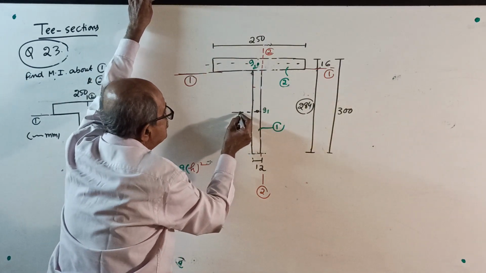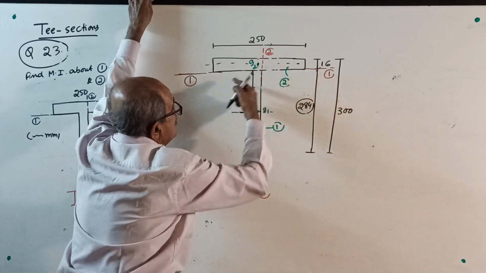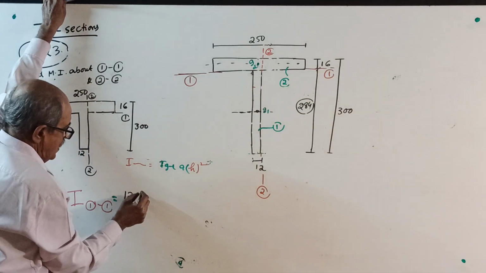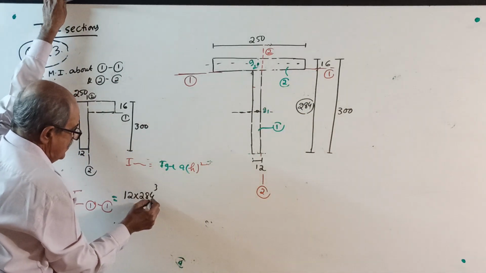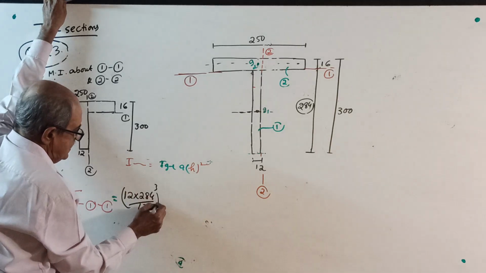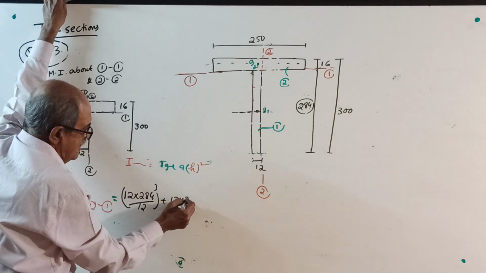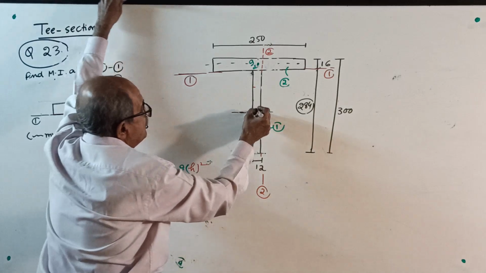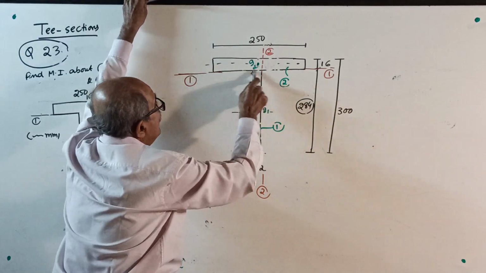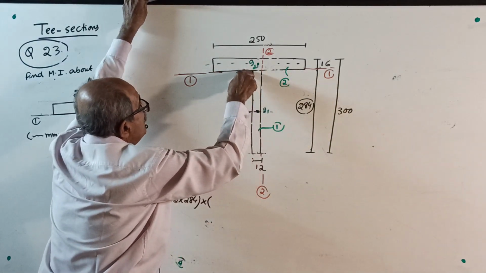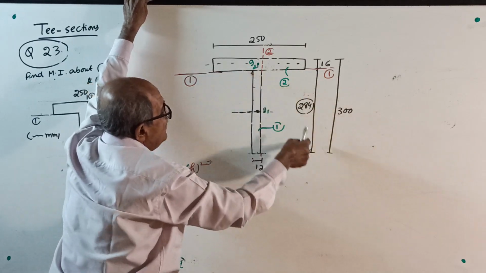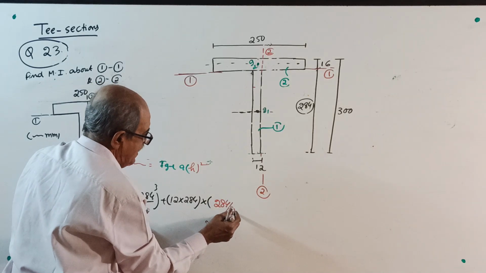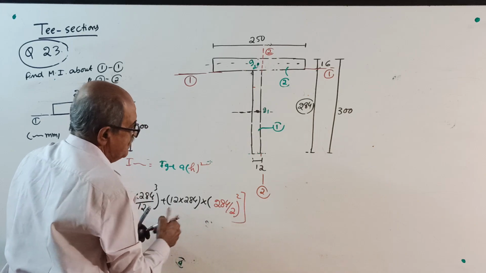First about its own centroidal axis parallel to 1-1: 12 into 284 cube by 12, Ig, plus area, 12 into 284 is the area, into the distance from centroid to the 1-1 axis squared. That distance is 284 by 2, whole square, over, plus.